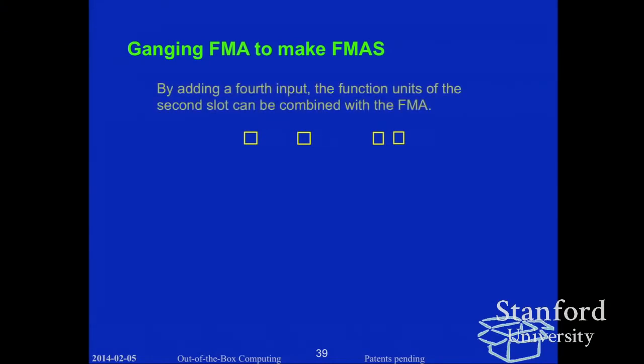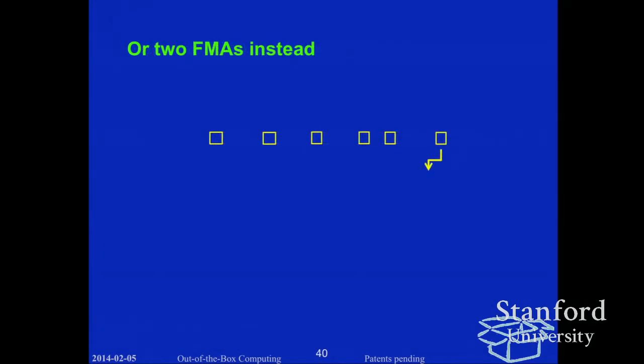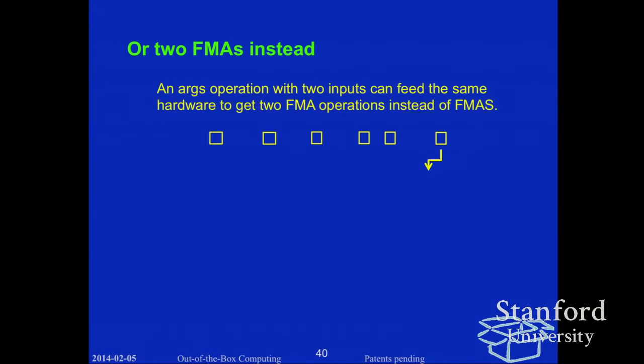Alternatively, you could use that same hardware, there's two multipliers and two adders, to do two FMAs. Here we need 6 inputs.